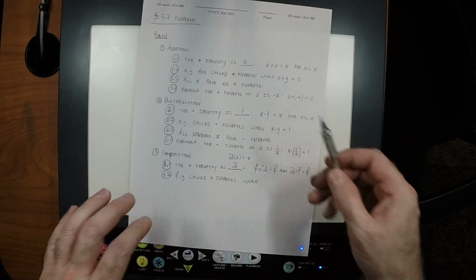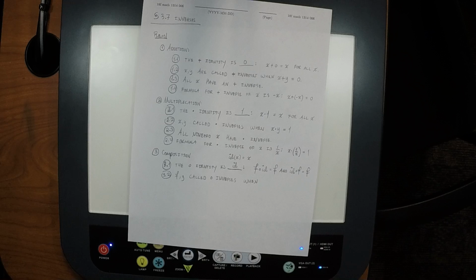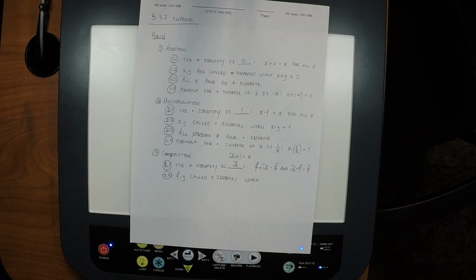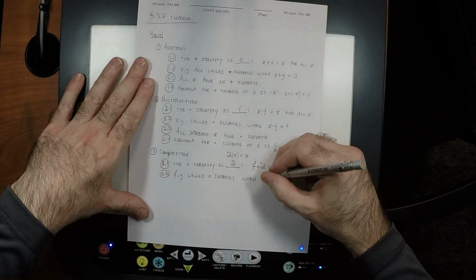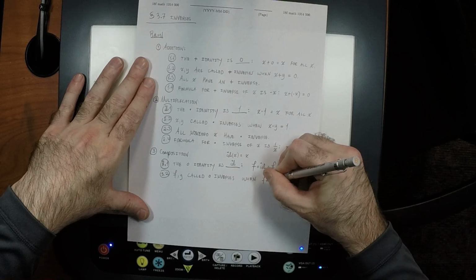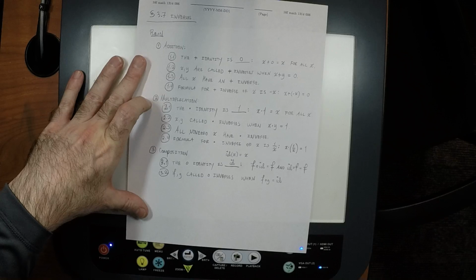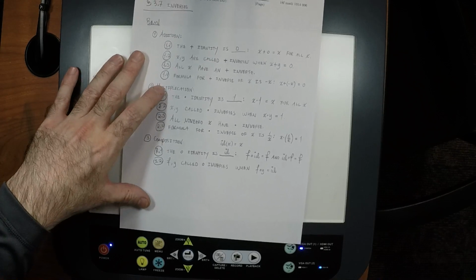So again, two numbers are additive inverses when you add them and you get the additive identity. You get the compositional identity. So when you compose them and you get the compositional identity. But it has to work in both orders.